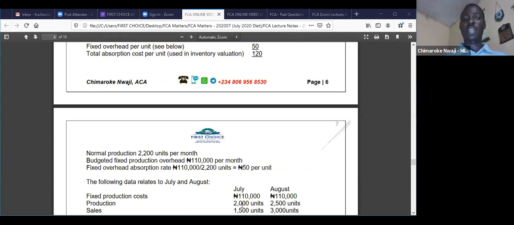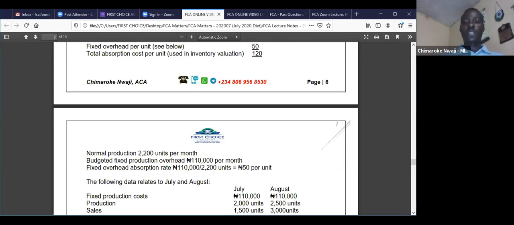If you do that, you'll be getting 100. Yes, that is the actual overhead incurred. That's the actual. But you should always add your overhead over absorption.